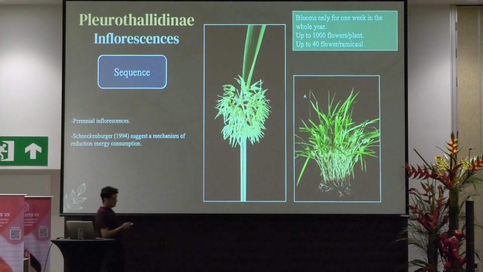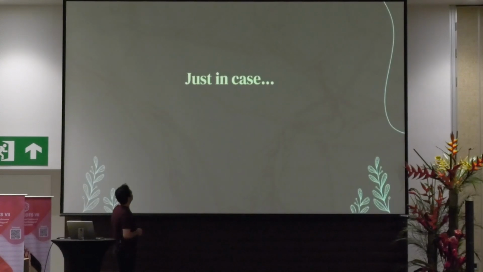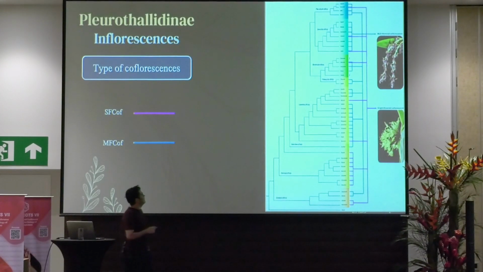I know that I have more time, so just in case, here you have a general review of the generic relationships within Pleurothallidinae. It's interesting that in some clades, just one type of inflorescence is present.